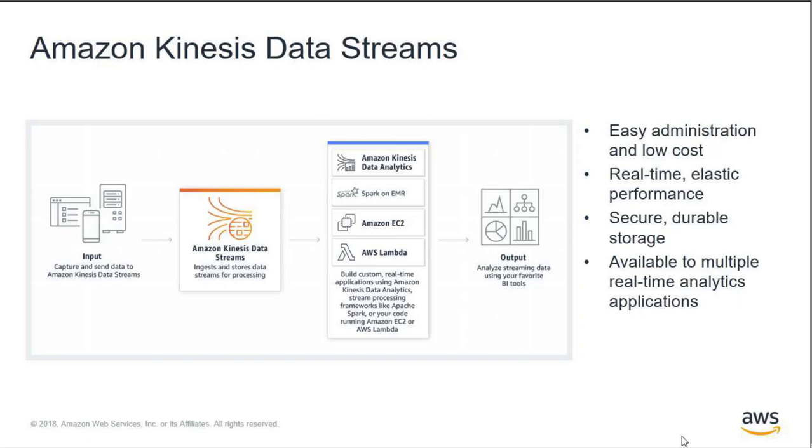The fundamental thing that Kinesis Data Streams provides is that it decouples data producers from data consumers, and it provides a scalable, easy-to-administer, and low-cost way to ingest a very large volume of data at low latency. There are a lot of options for processing data off of a stream, everything from running custom libraries on Amazon EC2 to fully managed services like AWS Lambda.